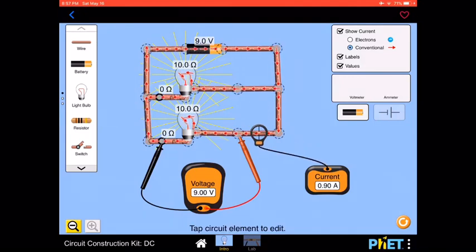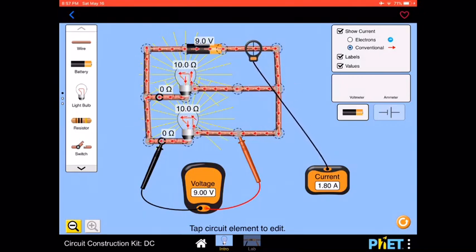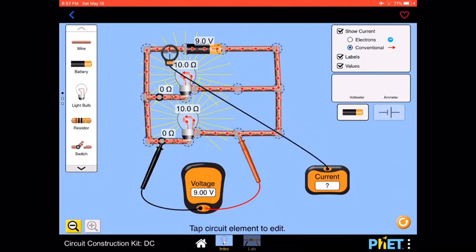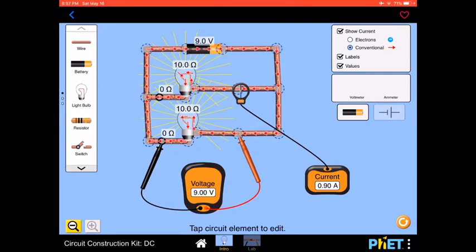It's 0.9 amps. So 0.9 plus 0.9 gives us 1.8, which is the circuit current which we measure there. But here is the current in the branch.